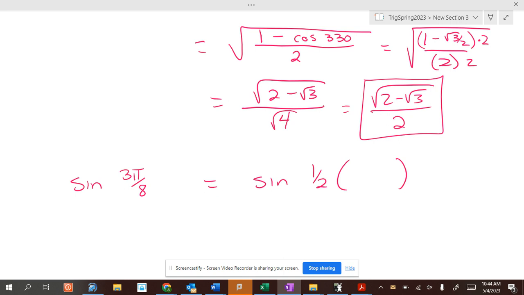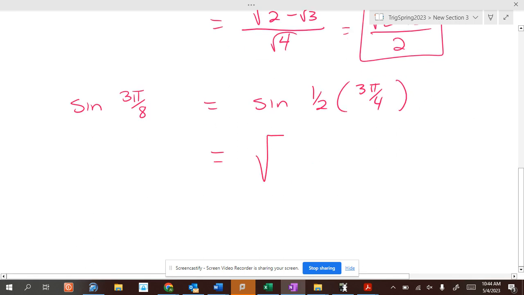1/2 of what is 3 pi over 8? 1/2 times what would be 3 pi over 8? 3 pi over 4, because 1 times 3 pi is 3 pi, 2 times 4 is 8. So 1/2 of 3 pi over 4 is 3 pi over 8.